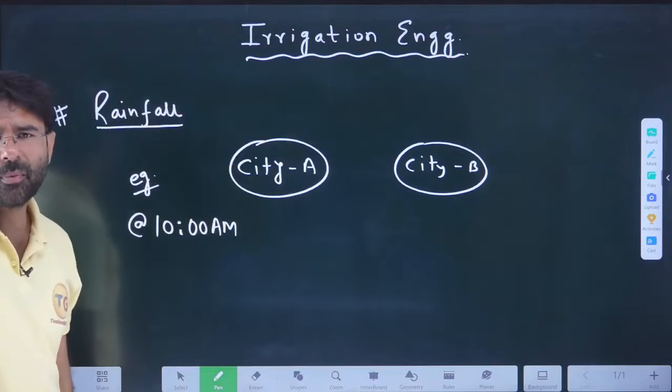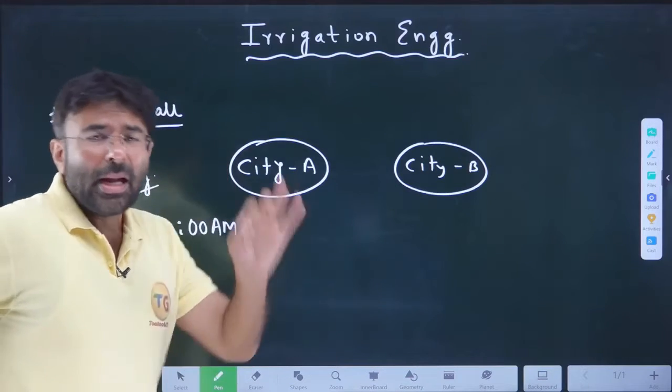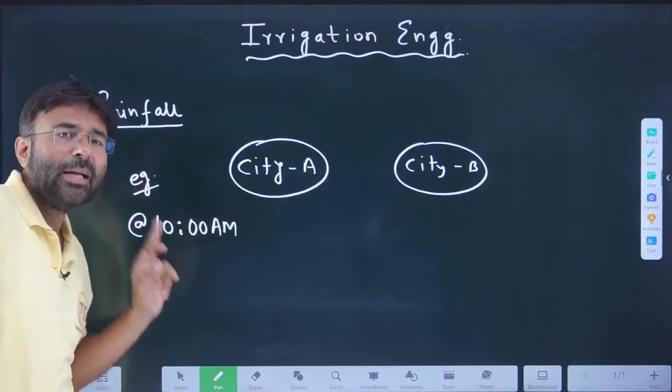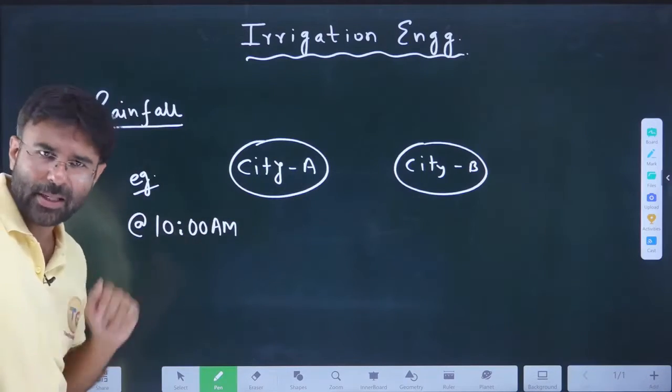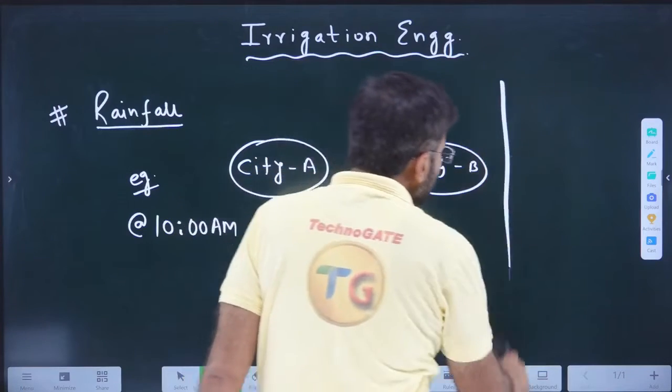The answer to both questions will be no. It is not a guarantee that both the cities will receive exactly the same amount of rainfall at a fixed time. 100% true.